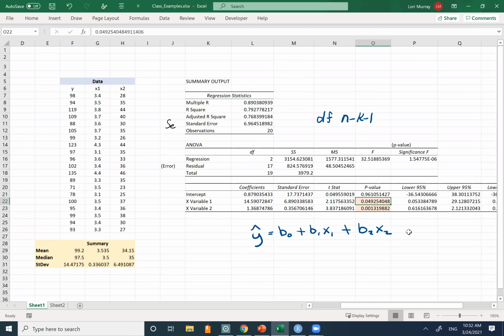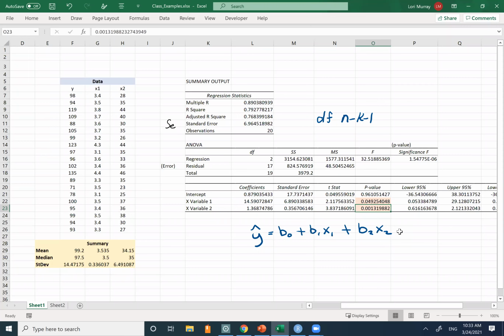We can then conclude that we would reject the null hypothesis of the coefficient equaling 0, which means it does not equal 0, and therefore x1 is statistically significant in predicting y. Likewise, x variable 2 has a very, very small p-value, 0.001319.